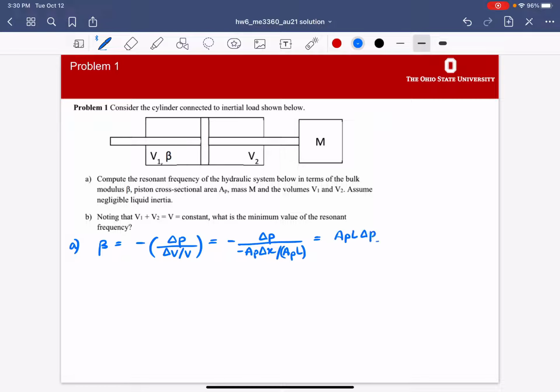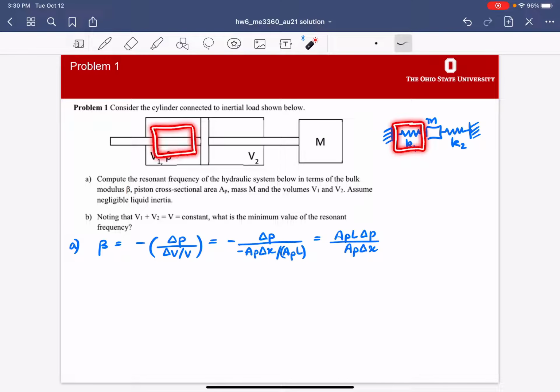Now let's try to find an equivalent mechanical system for this hydraulic one, and that is what this system here denotes. The spring over here is similar to the hydraulic chamber here.